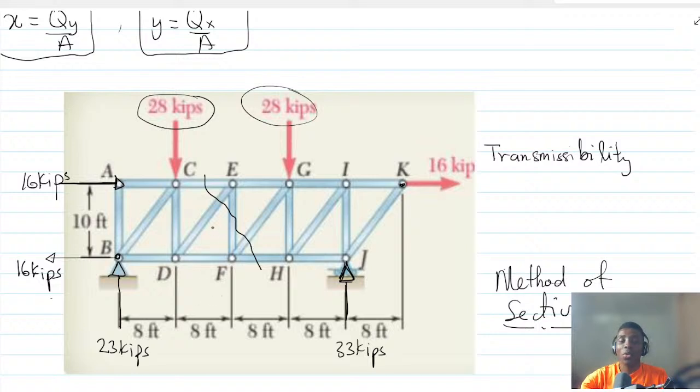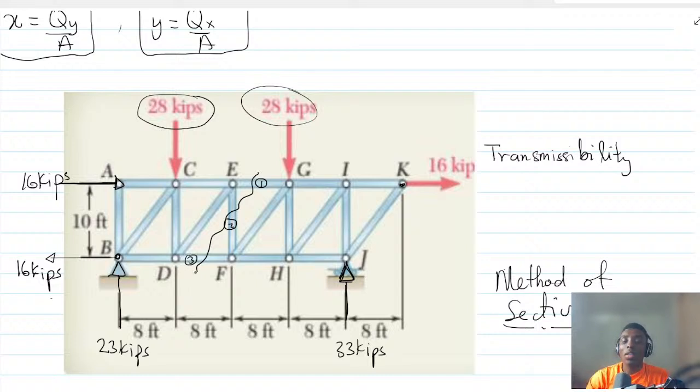But what do you think? If we cut it this way, we will cut more than 3 members. So we cannot cut it that way. We only have to cut it this way, so that at the end of the day, we cut through exactly 3 members.